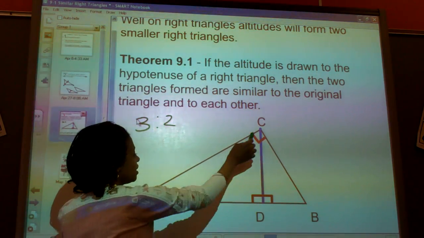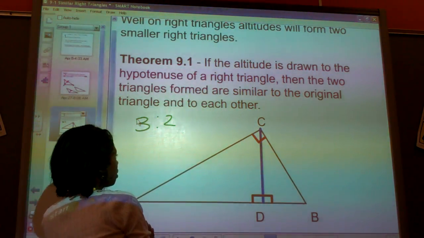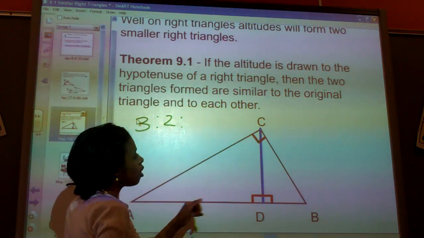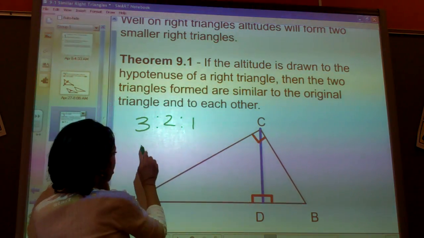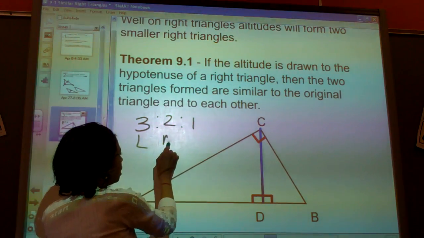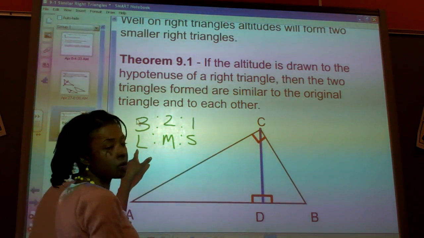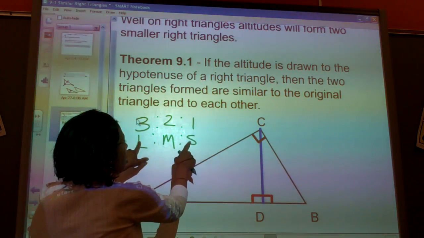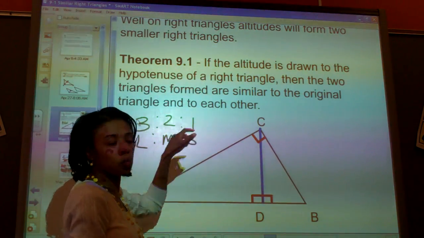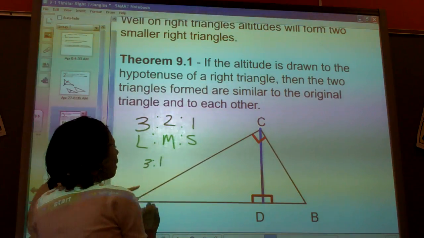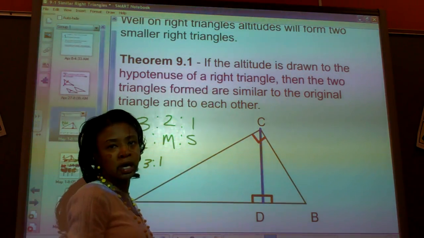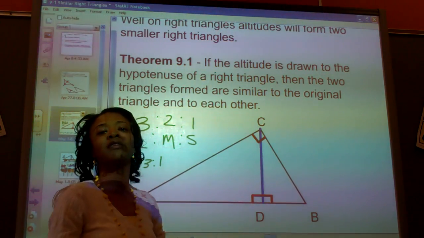The medium triangle is ACD. Then the small triangle might be a 1, in the order large, medium, small. So to compare the large to small, it's a 3-to-1 ratio. That means the large triangle might be 3 times larger. Now that's not always the case, I'm just giving an example.